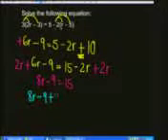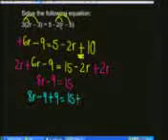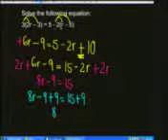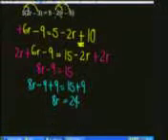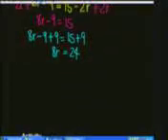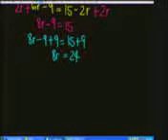So I will add 9 on both sides. 8r minus 9 plus 9 is equal to 15 plus 9. And that will give me an answer of 8r, because 9 minus 9 is 0. 15 plus 9 is 24. And I'm still not at an answer, so I need to divide by 8 on both sides.